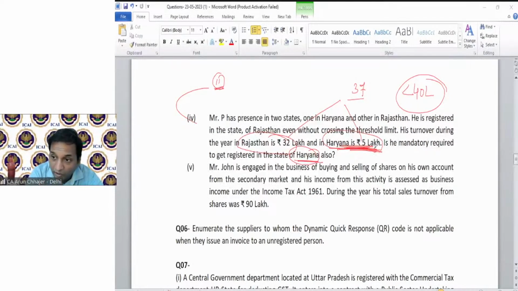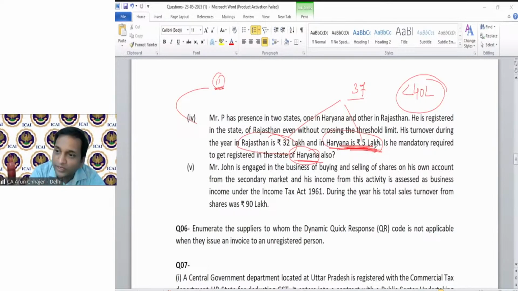When one location is registered on a voluntary basis, is another location required to take registration mandatorily? Because if I refer to section 22 or 24, you will not find any specific provision which talks about this particular situation. कहने का मतलब क्या है, सेक्शन 24 में आपको कहीं भी नहीं मिलेगा कि आपको मैंडेटरी लेना है क्योंकि दूसरा लोकेशन रजिस्टर्ड है, नहीं, ऐसा कहीं नहीं है.